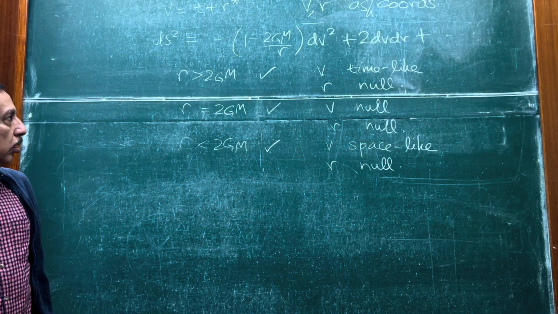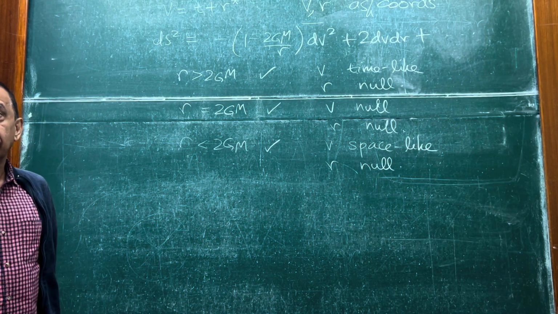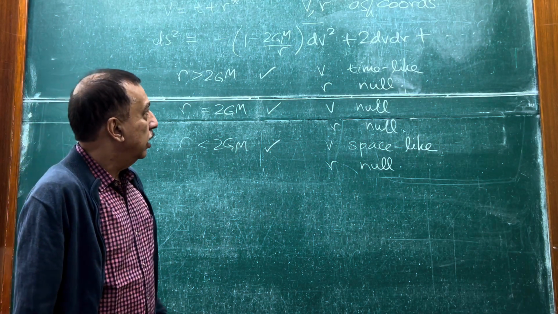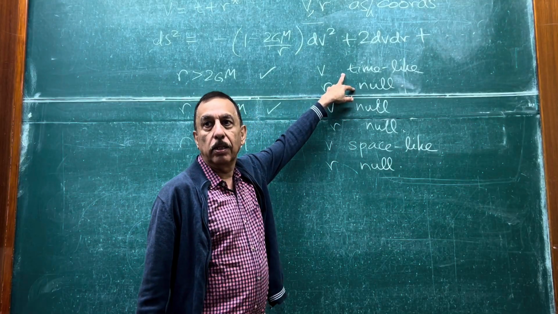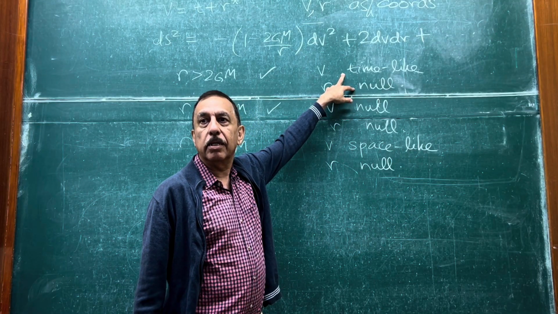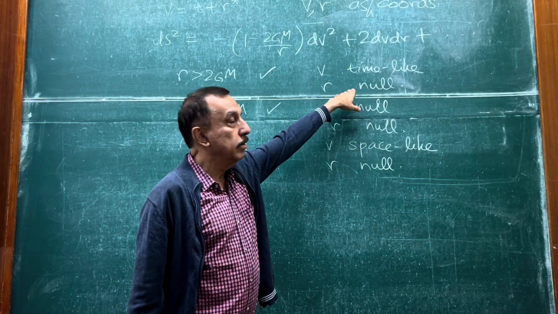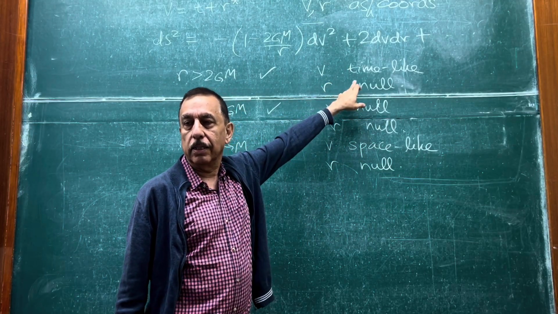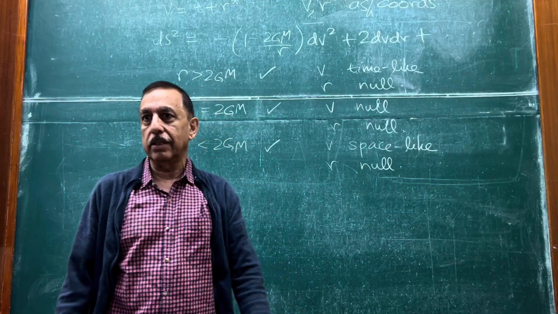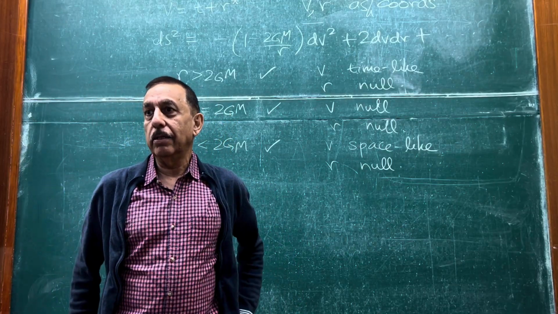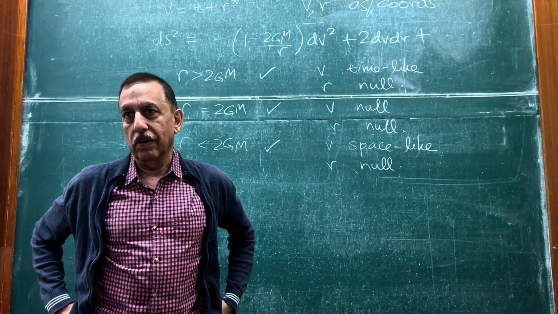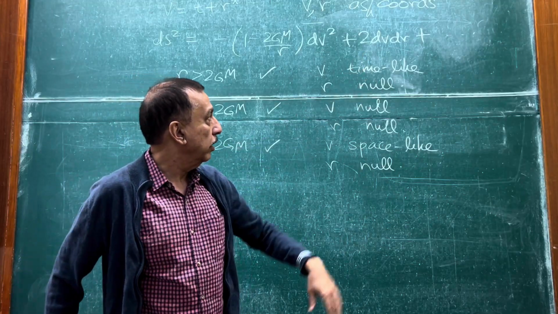Now notice, it's an easy exercise to convince yourself that if I have one time-like and one null coordinate, my signature is minus 1, plus 1. Time-like is minus 1, and there's a combination with signature plus 1. So the metric still has negative determinant and signature minus 1, 1, apart from the angular part.